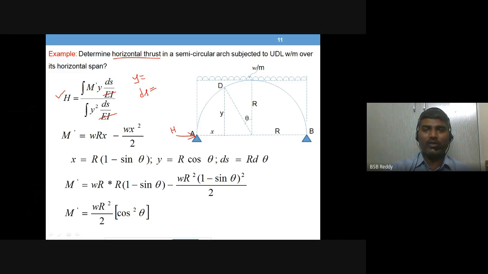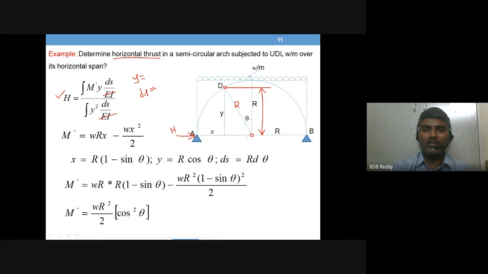Y, for a point selected on the arch, is the adjacent component of r. Here r is the radius joining the center of the circle to the point on the arch.